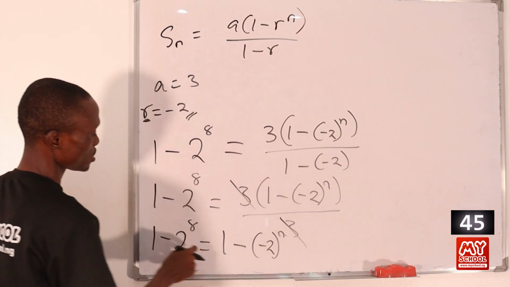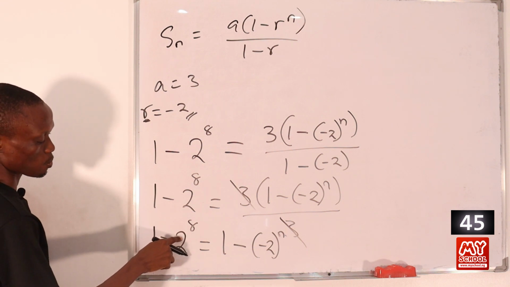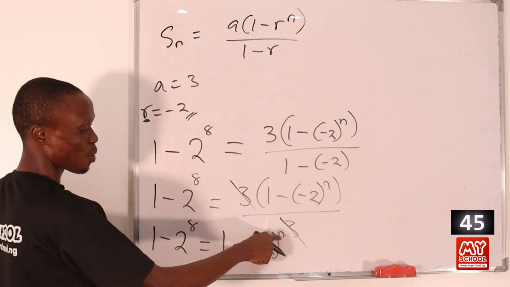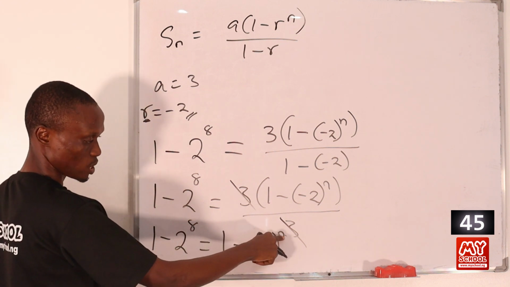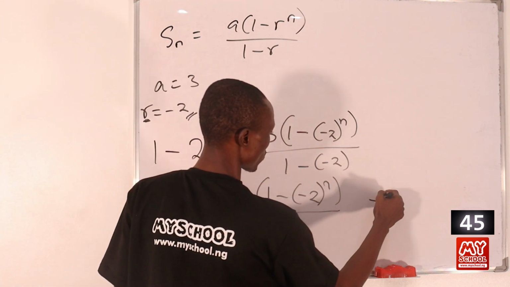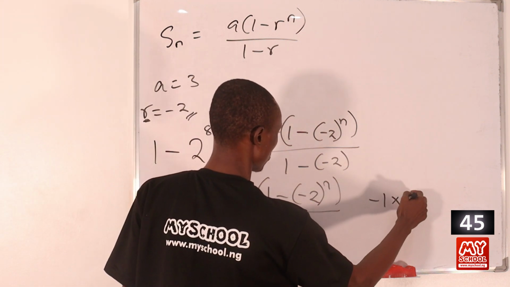Okay, so since the power of 2 here is equals to 8, that means our n here is also equals to 8. But remember that this minus 2 is the same thing as minus 1 times 2.